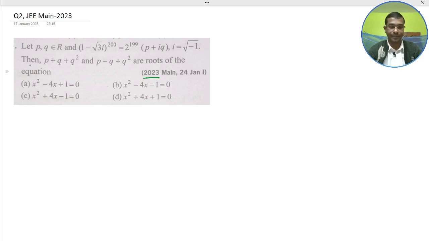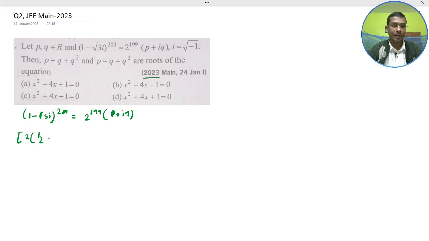So first of all, the given equation is (1 minus root 3i) to the power 200 is equal to 2 to the power 199 (p plus iq). So next just solve here: 2 times (half minus i root 3 by 2) to the power 200 is equal to 2 to the power 199 (p plus iq).